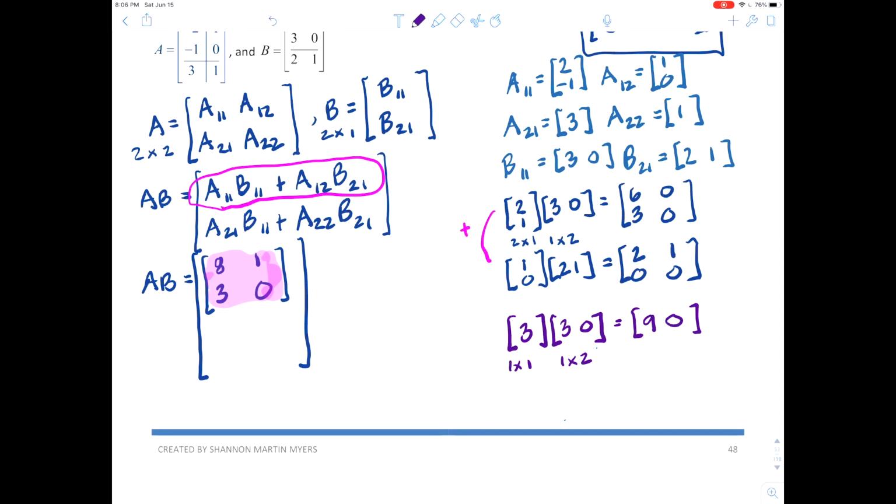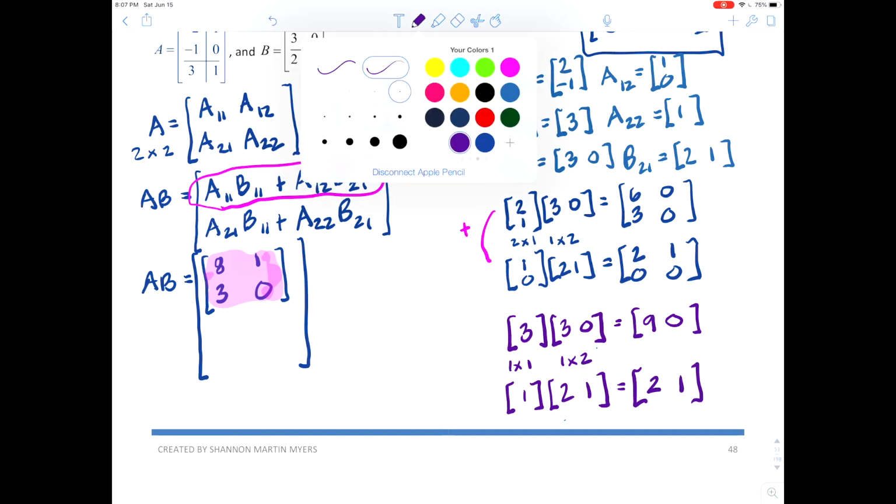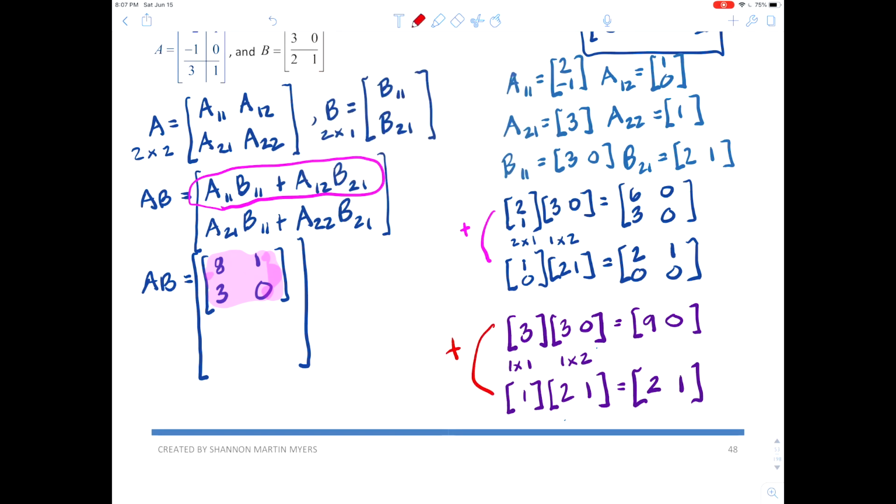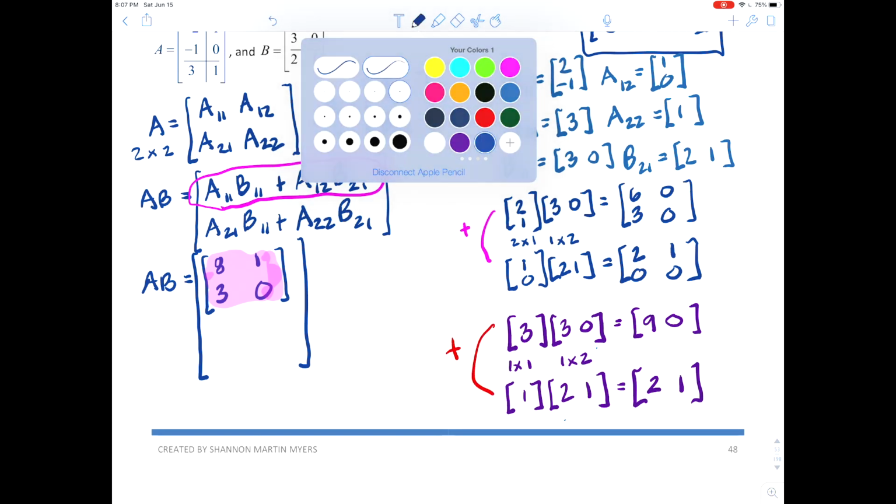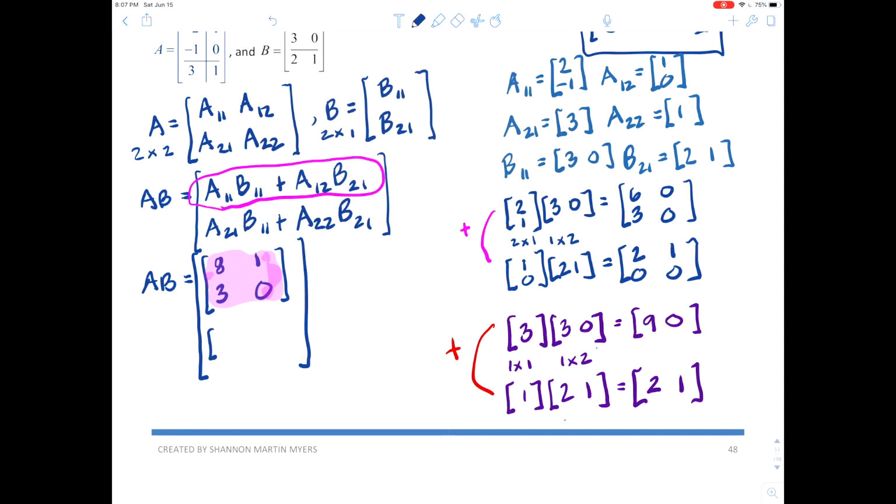It's really a scalar times that if you look at it. And then our next one was going to be A22 times B21. So A22 was just 1, and B21 was 2, 1. And then that, again, will be 1 by 2. So when we do that computation, we'll just get 2, 1. What we're doing with these is adding them. So when we add them, we'll get the matrix 11, 1.